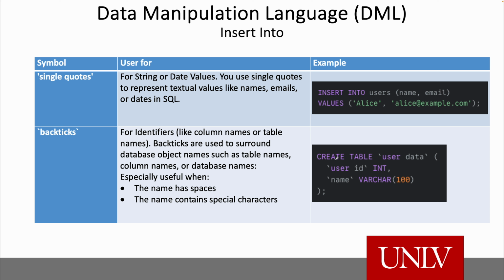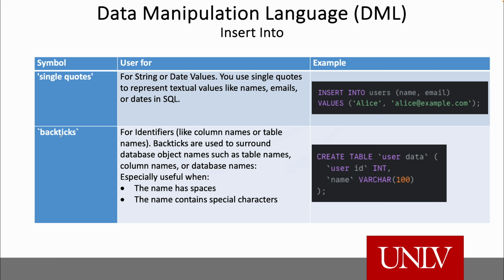A single quote is for the string or data value. So you'll use the single quote to represent textual values like the names, emails, or the dates in SQL. The backtick is for identifiers, like the column names or the table names.